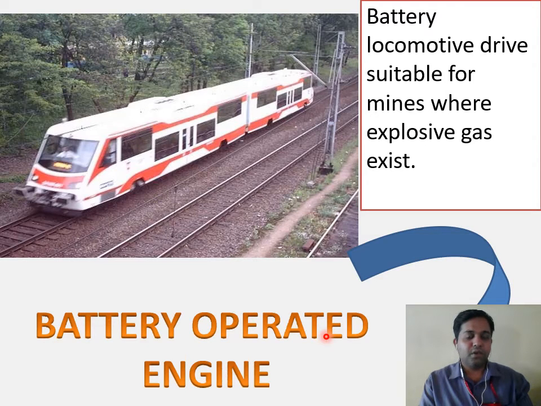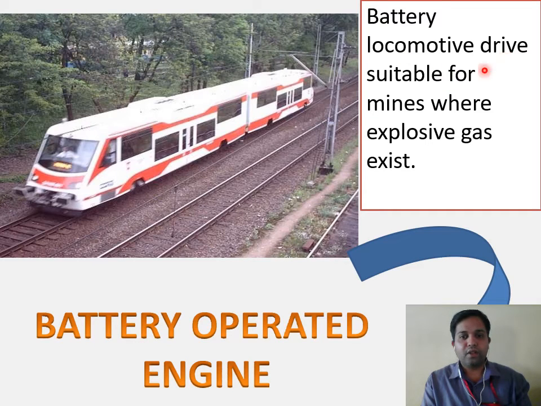Then comes the electric traction system. As I told, there are two types of traction system. One is non-electric and another one is the electric system. In the electric system, the first kind of traction system is the battery operated engine. Here we are not going to use live electricity from the transmission line. Whatever engine we are going to drive is driven with the help of batteries.